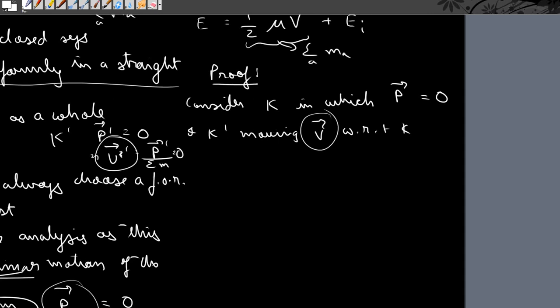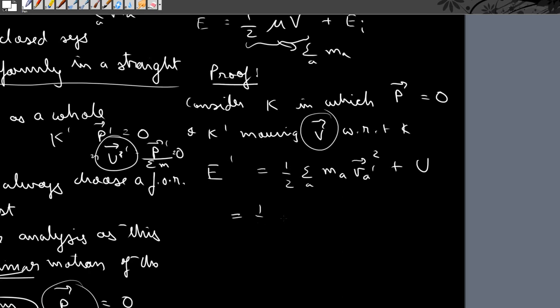Therefore the total energy in frame of reference K dash, E dash, will be given by half into summation over a of m_a v_a dash squared plus U, where v_a dash is now the velocity of individual particles.